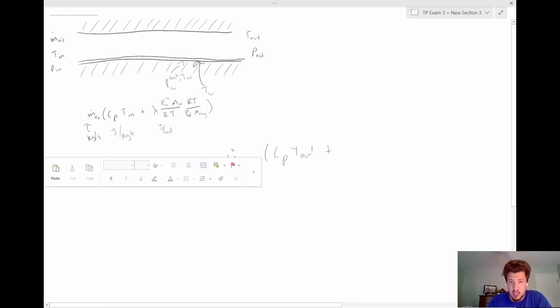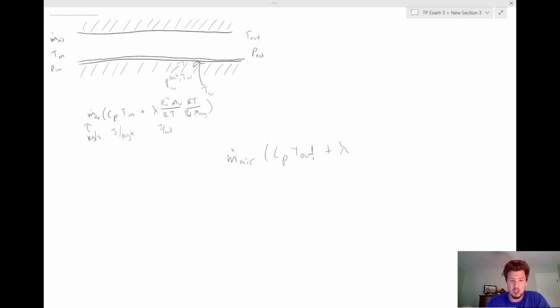Now, we also, again, have lambda, which is the heat of vaporization. However, since we know that the gas leaving the system is going to be saturated, equal to the saturation partial pressure of the water, we do not need to account for the change within the mixture of the gas.